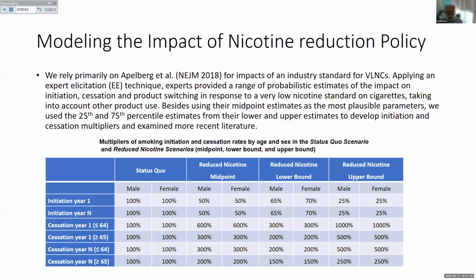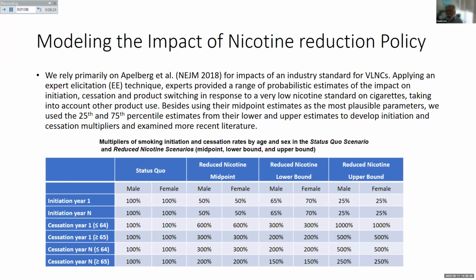Mitch Zeller talked a little bit about that before, and as he mentioned, they used an expert elicitation technique, a very useful technique, especially on issues where there's variation in how different experts view the impact of a particular policy.